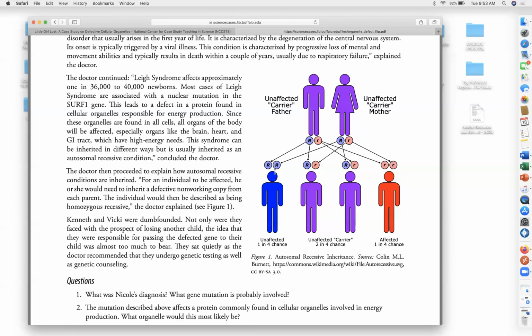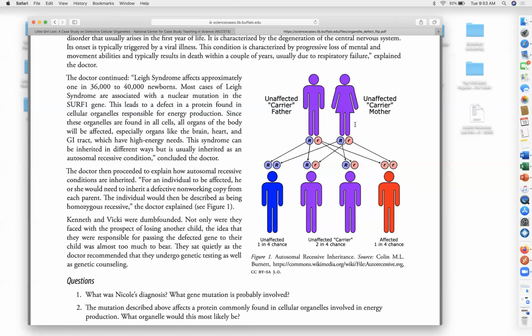If I show you this, even without showing you the phenotype, you'll tell me, oh, this person has 2 autosomal dominant genes, a capital R, capital R. This person is perfectly normal. This person with 2 autosomal recessive genes has the disease. And in the case of this little girl, it's Leigh syndrome.